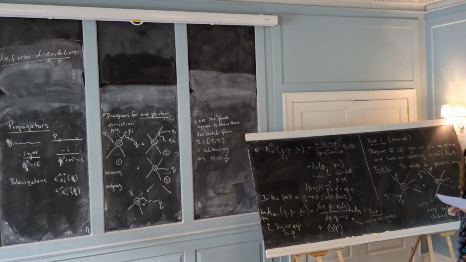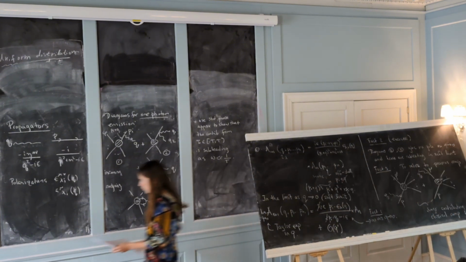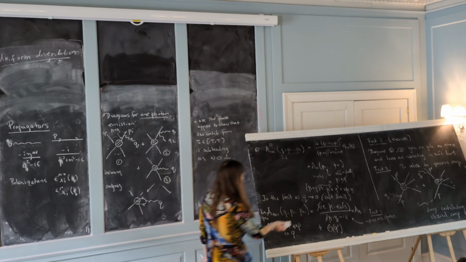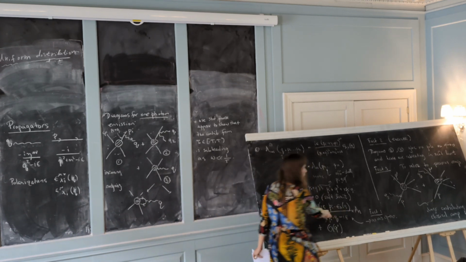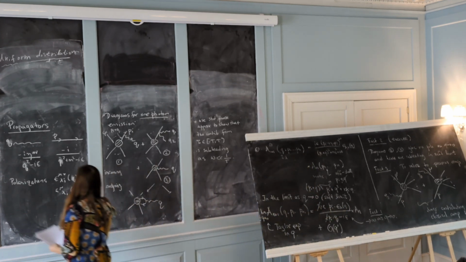So we have to take the sum of these two, and in the small q limit, we basically have two contributions that look like what we just computed here.